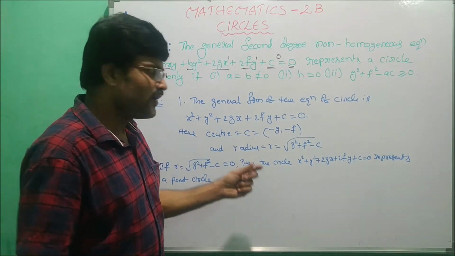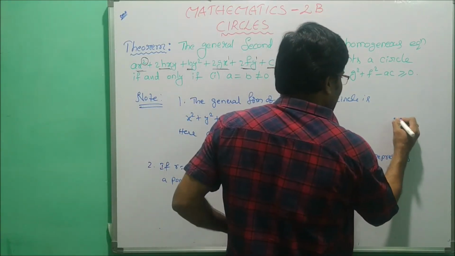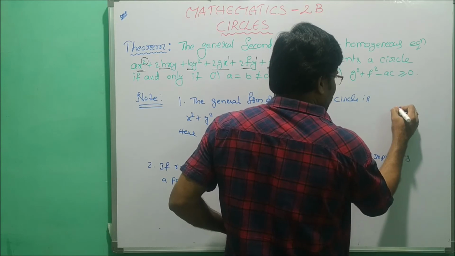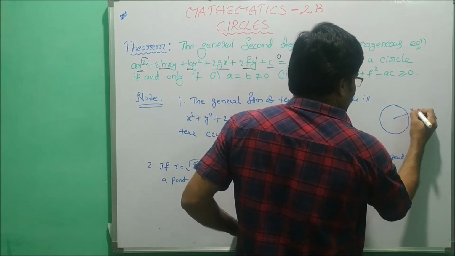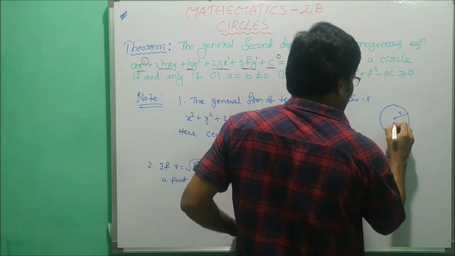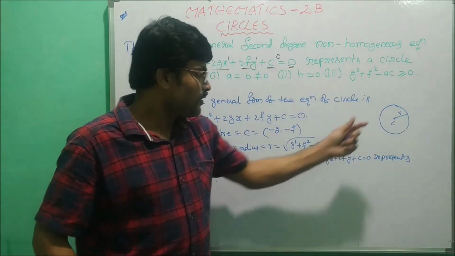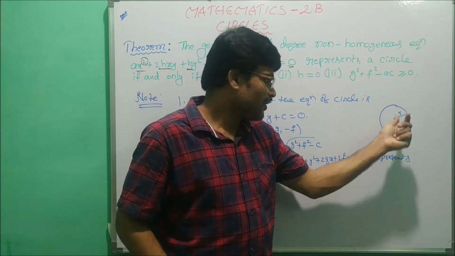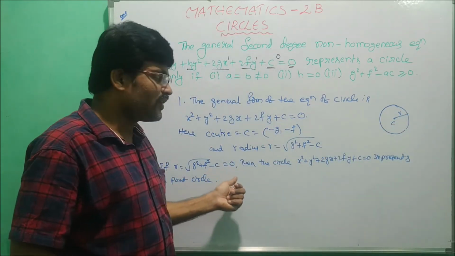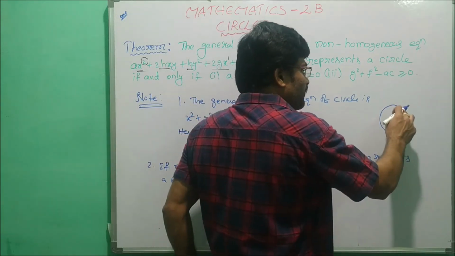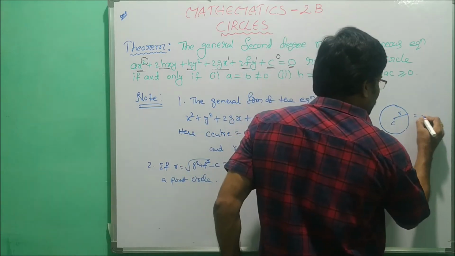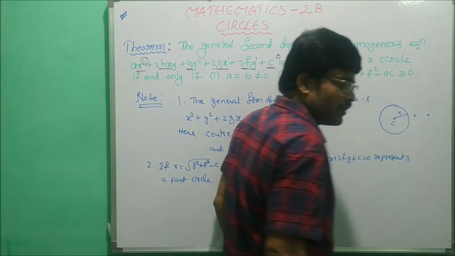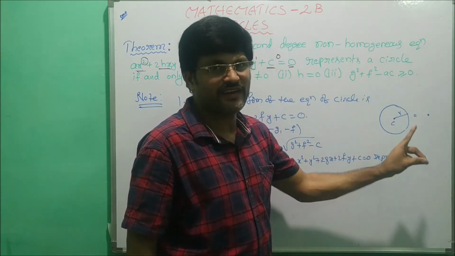Point circle means the center is some non-zero constant and the radius is 0. This is center C, a non-zero constant. Here we take the radius equal to 0, so the outside edge of the circle coincides with the center. Now it reduces to a point, and this point is called a point circle.